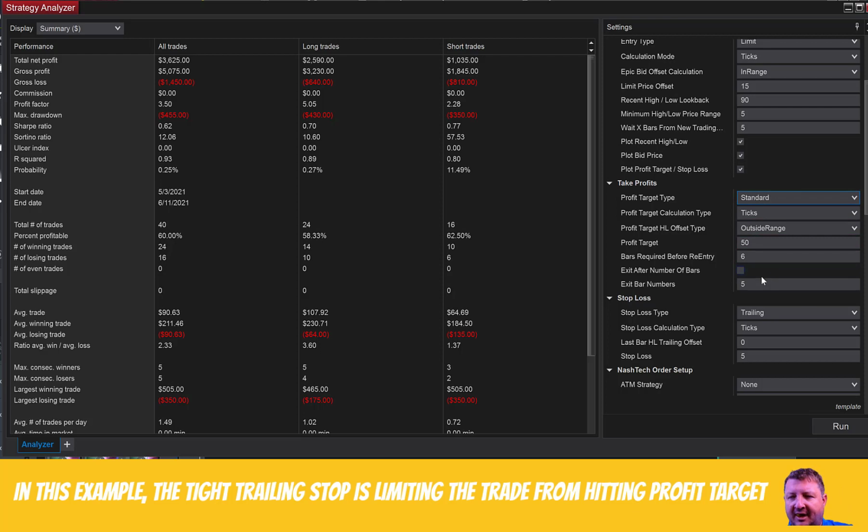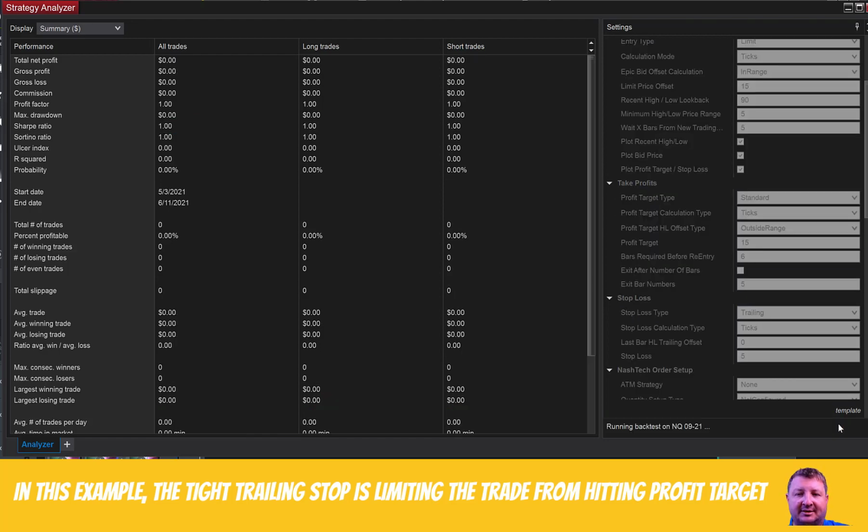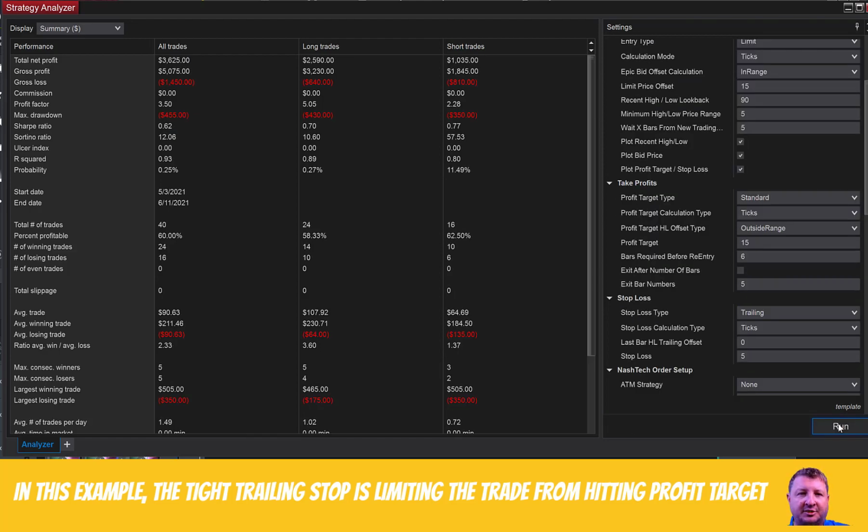So again, standard, if we're going with the profit target, it could be exiting at the end of the session and we just don't see it. If we only go with a profit target of 15 ticks, we also have a trailing stop of 5 ticks. So it could just be stopping out all the time, which is okay. In fact, that's likely more than what it was doing.